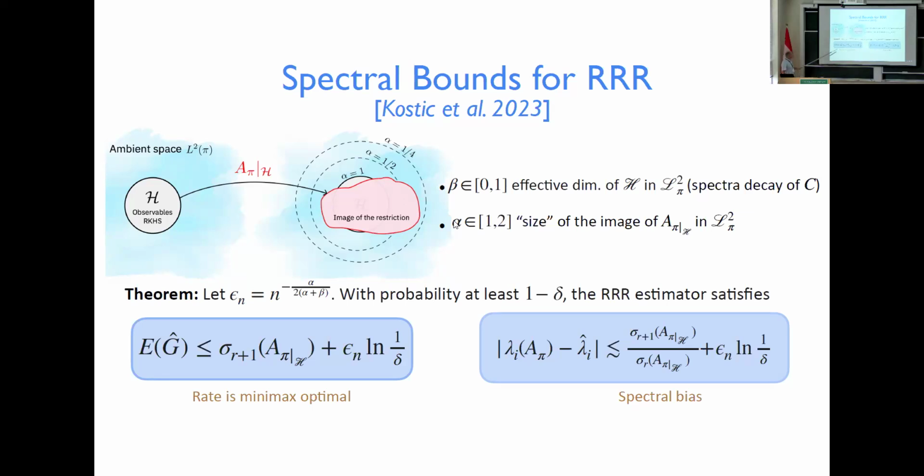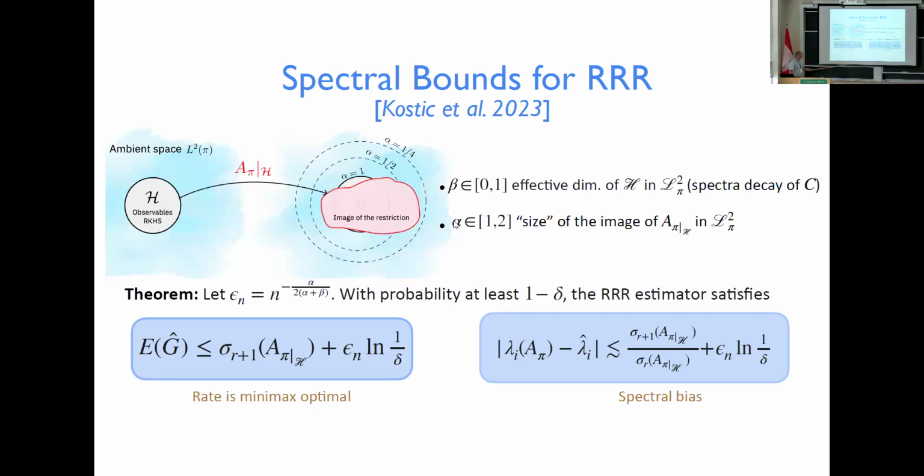So these are the bounds for reduced rank regression. You have here the bound on the estimation error. You see that the estimation error, the operator norm error, is bounded by the (r+1)-th singular value of the restriction plus a term which goes to 0 in n, right?